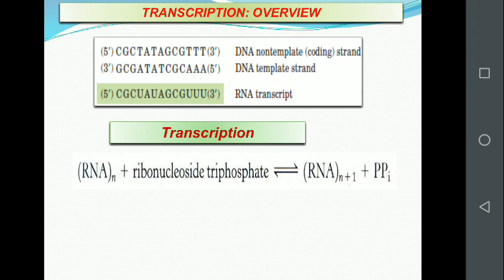That coding strand will have sequence similarity with the RNA, except that T is present in DNA, and at the corresponding place U will be there in RNA, because RNA never uses thymine as a nitrogenous base.